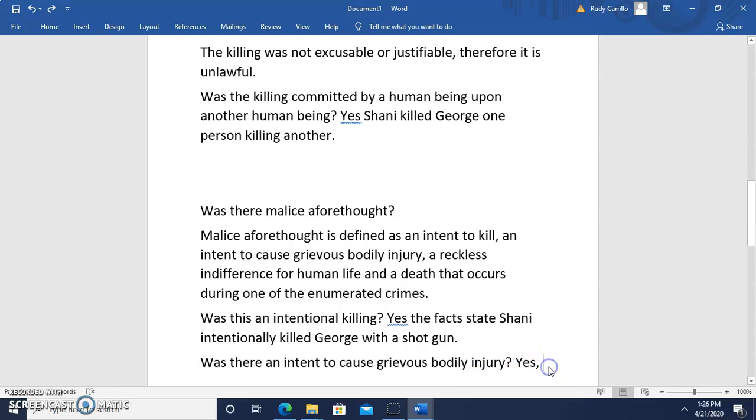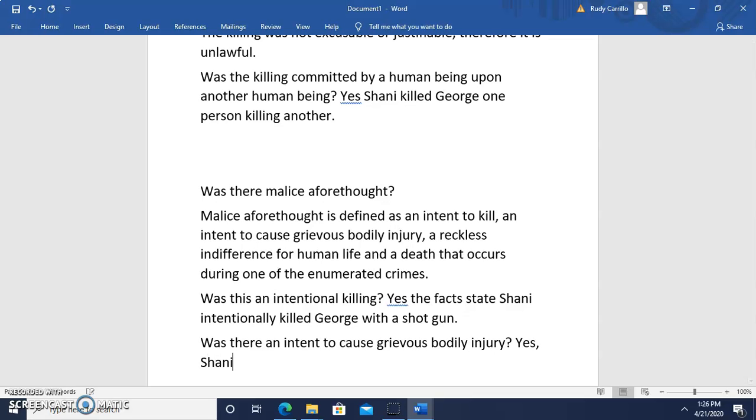Yes, Shane intentionally used a shotgun, known to cause grievous bodily injury. You don't have to go on; it's pretty straightforward.